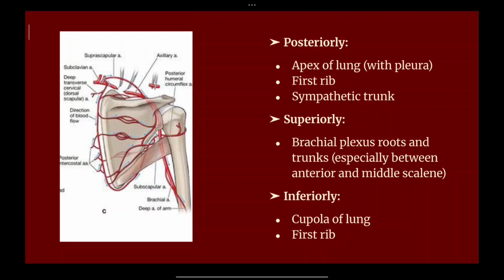You can see the first rib as well as the sympathetic trunk. Superiorly, that is above the subclavian artery, you can see the brachial plexus roots and trunks, especially between the anterior and the middle scalene. Inferiorly, that is below the subclavian artery, you can see the cupola of the lung and the first rib.